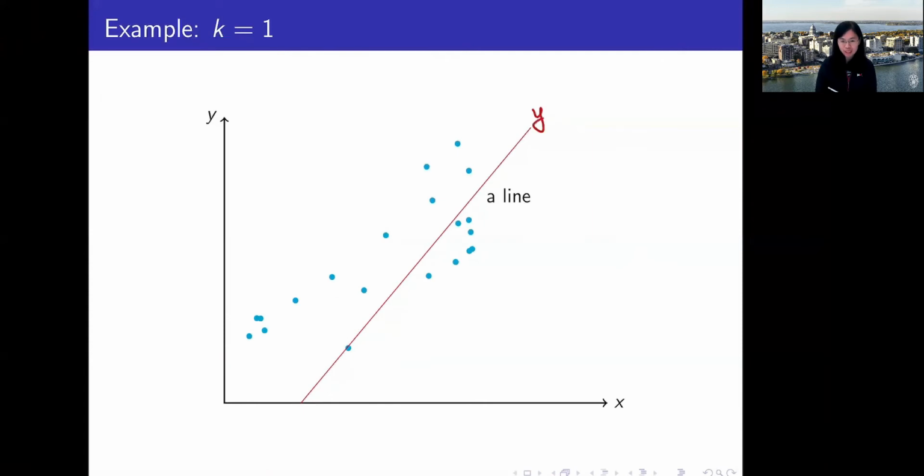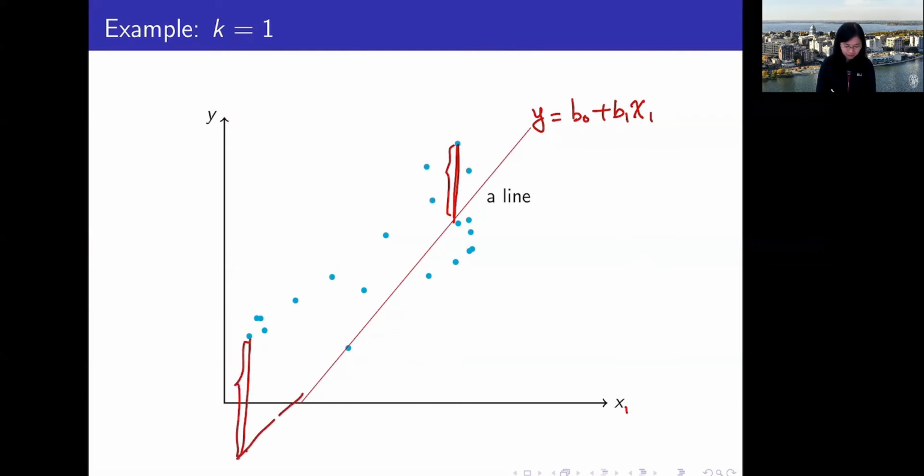It can be written as y equals some b0 plus some b1 value x1. And this has approximation error because there are many points that are not on this line. So that's the approximation error, vertical error.